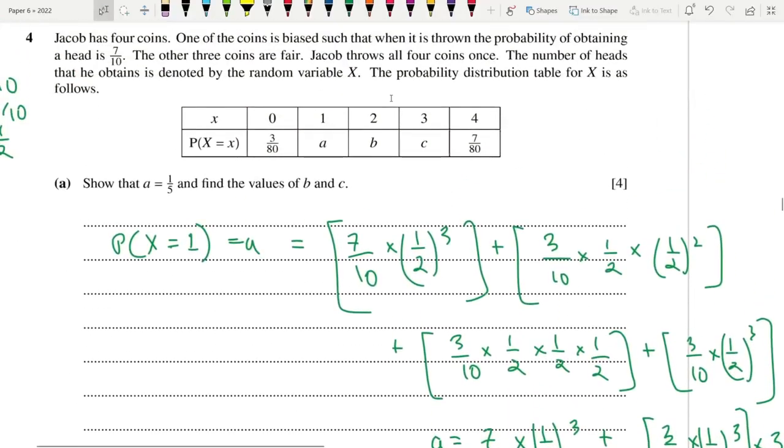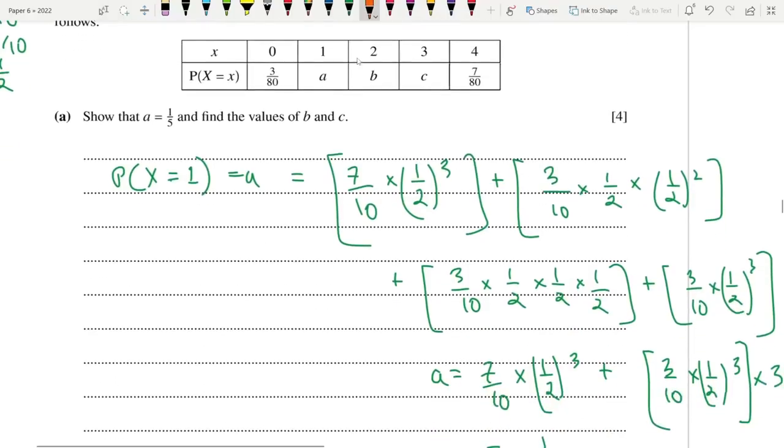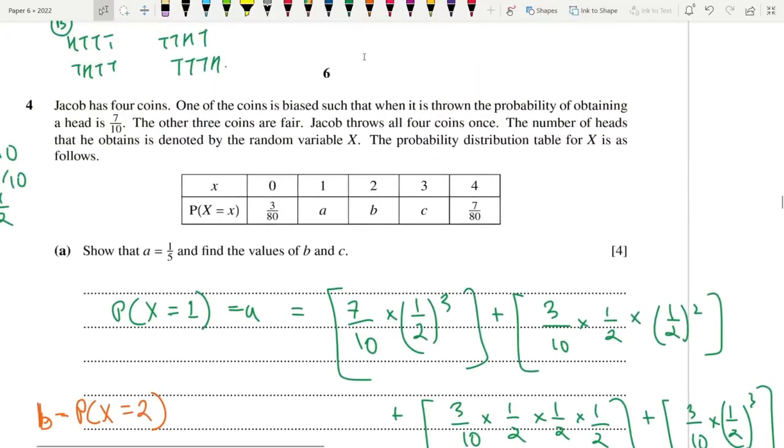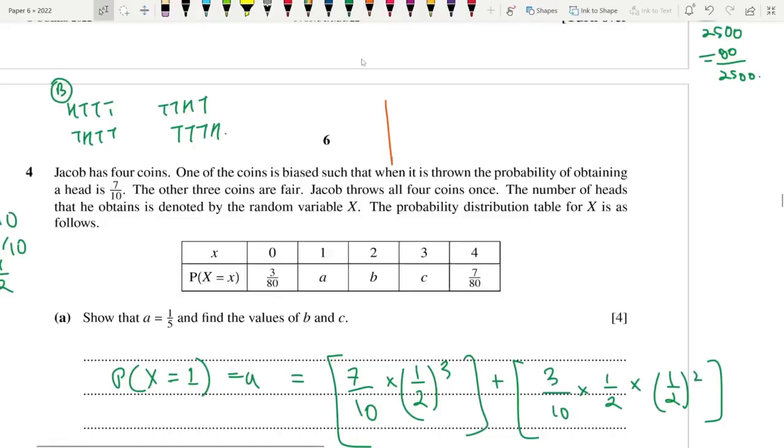So let's go for b. B is basically P(x = 2). So that's 2 heads and 2 tails. How? Basically head, head, tail, tail.